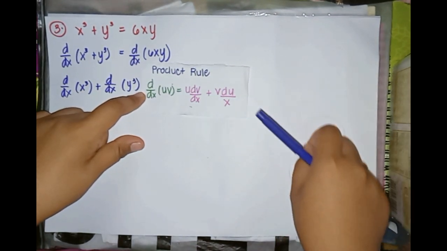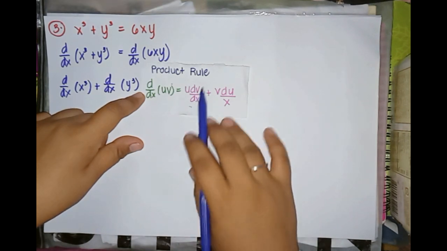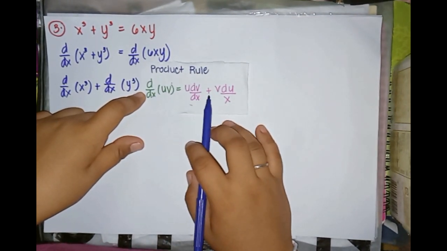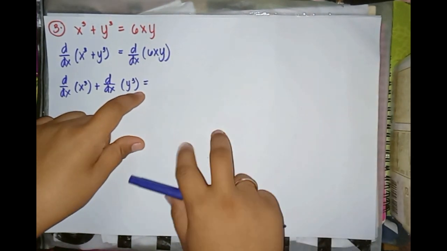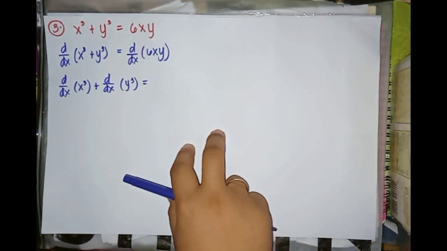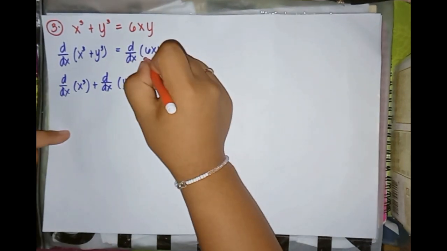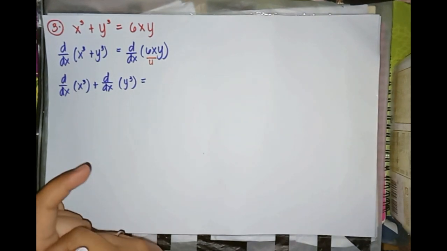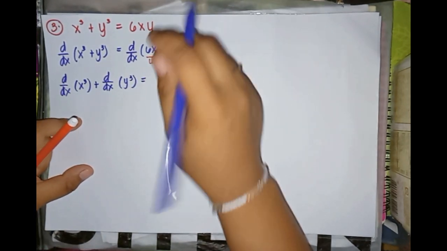The product rule states that the derivative of u multiplied by v is equal to u multiplied by the derivative of v plus v multiplied by the derivative of u. So in the given 6xy, 6x is our u, and y is our v.